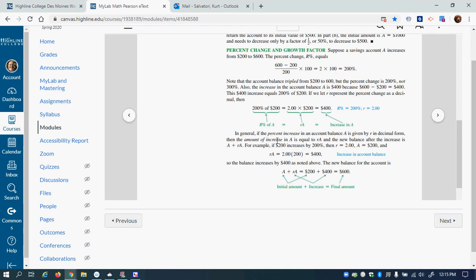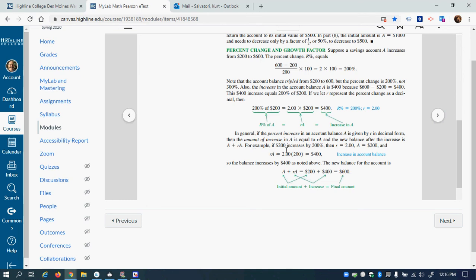In general, the percent increase in an account balance A is given by R in decimal form. Then the amount of increase is equal to RA. So that's our increase, and the new balance after the increase is going to be A plus the increase. So that's why we have A plus that.